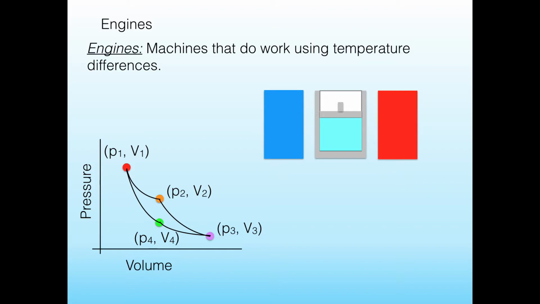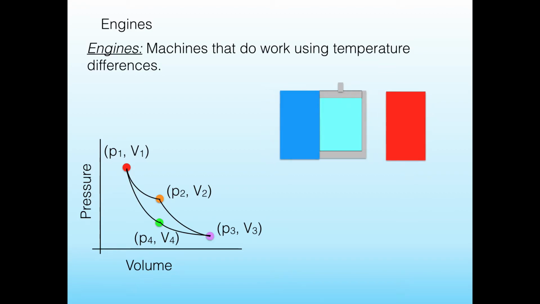So how does this work? Basically you have a piston, which is the pump, which contains the ideal gas, and you could mechanically move the hot reservoir to the piston, causing the piston to rise. And again, you're doing work now against the outside system. You can then move the hot reservoir away and move the cold reservoir in.